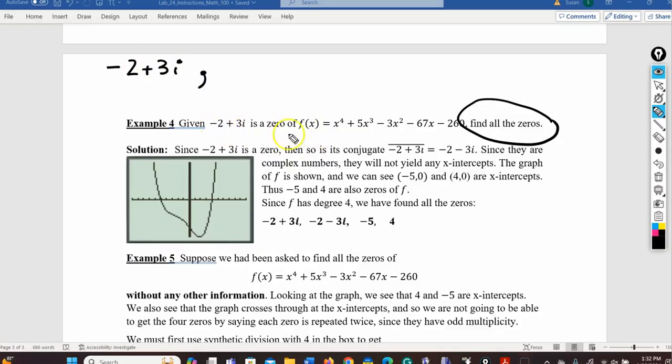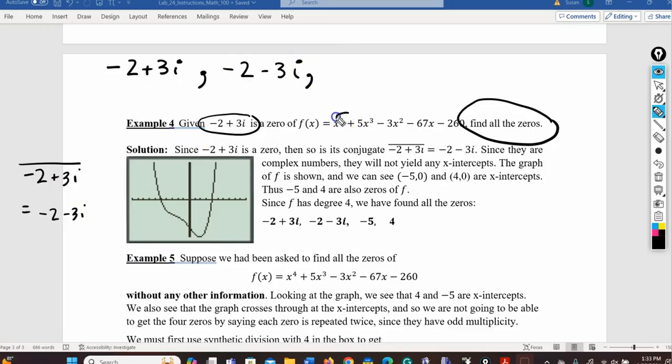And now, for free, I get another 0, because this is a non-trivial complex number, and its complex conjugate will also be a 0. And the complex conjugate, you only change the sign of the number multiplied by i. So negative 2 minus 3i is also a 0.